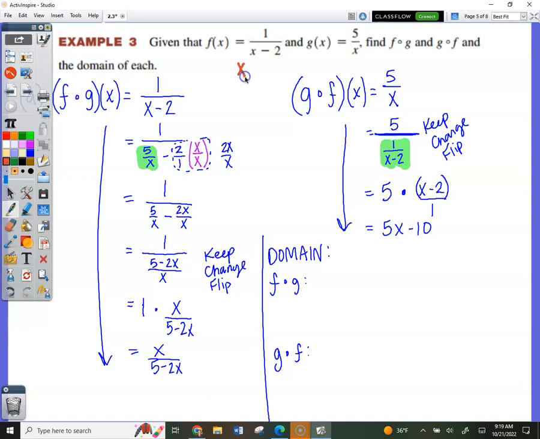In this case, you can find it easily by looking at it. What's not allowed to be in there? Careful. You're on G. I'm on F. Oh, yeah. If you set that equal to 0 and solve it, you would get 2. So that means x cannot be 2. Right? All right, come over here to G. What's the domain here? X cannot be 0.